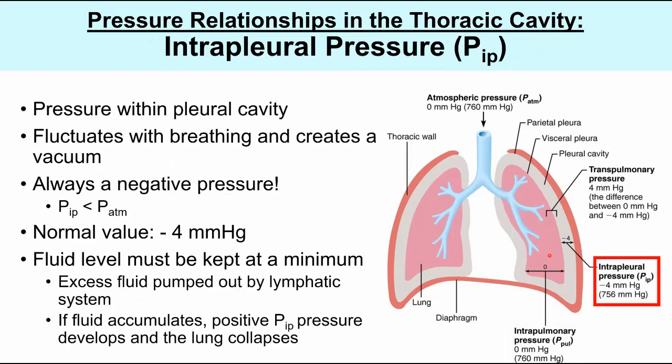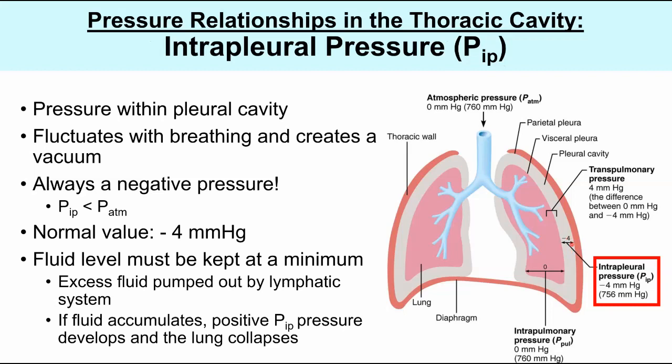The next important pressure, as I already mentioned, is the intrapleural pressure, the pressure within the pleural cavity. This one does fluctuate with breathing, but the good thing about it is that it creates for us a negative pressure, meaning that the pressure here is -4, or 4 below what atmospheric pressure is.